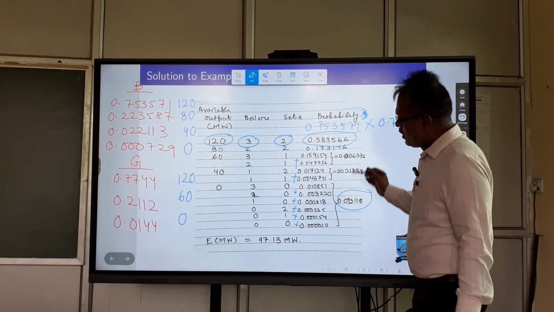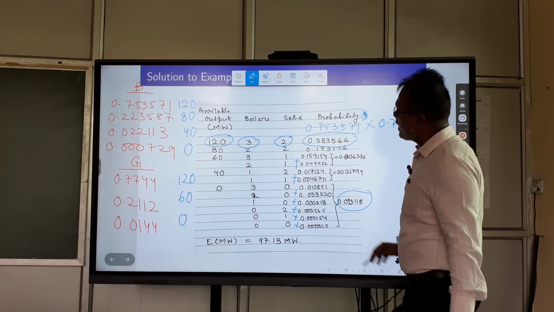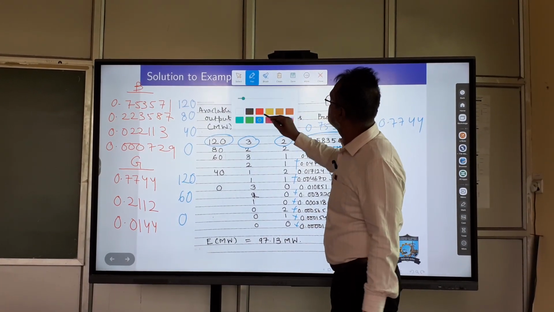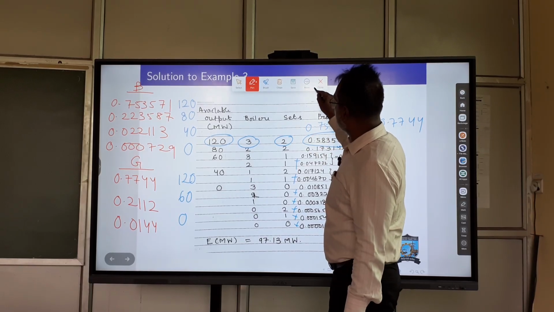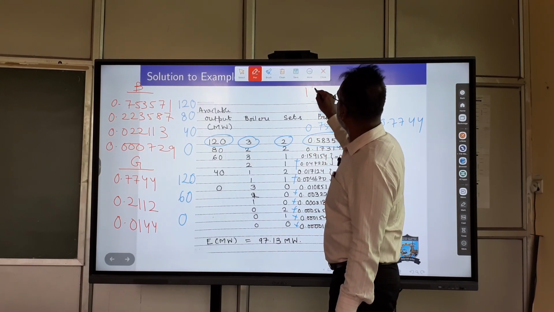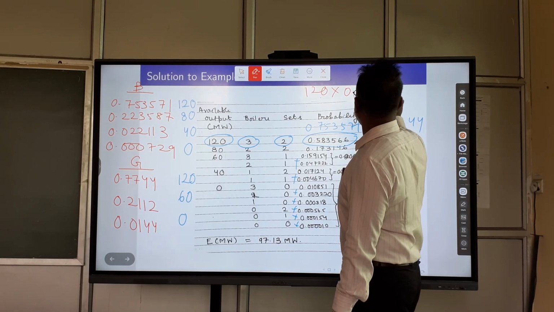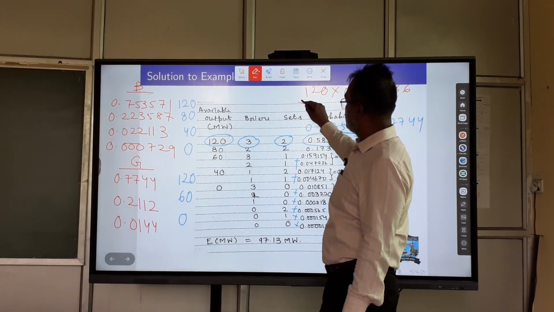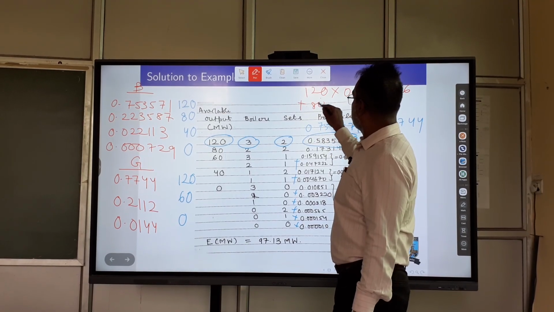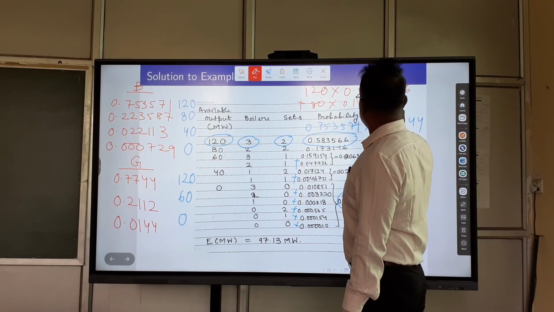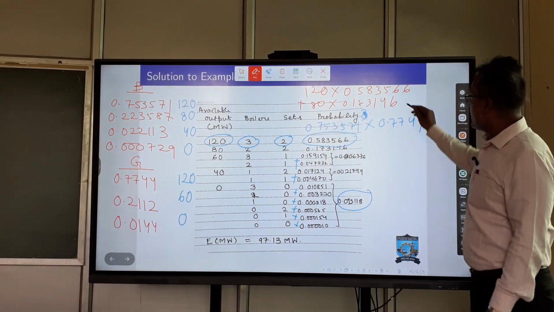Right? So what is the expected capacity? Expected capacity is, as I have told you, capacity into probability. This is 120 into 0.583566 plus 80 into 0.173146 and so on.